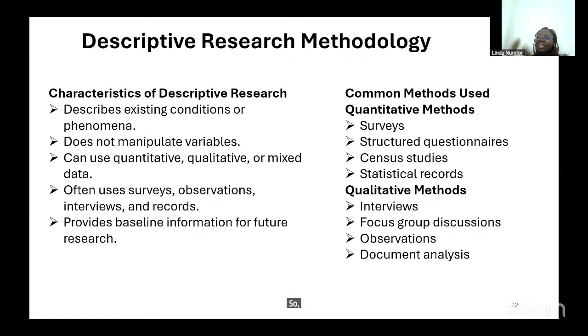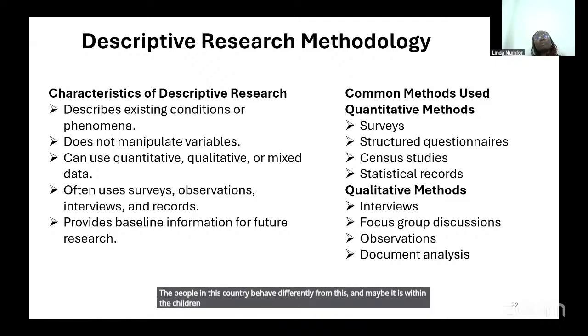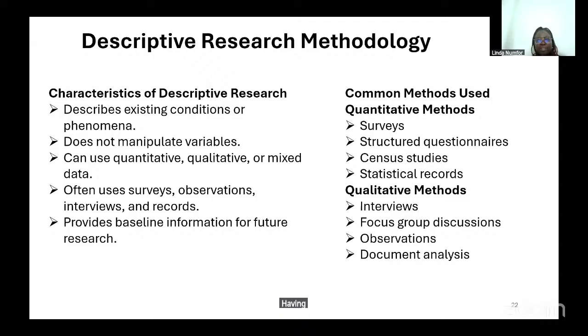You're analyzing the numbers between two groups that are involved in your research. And you've observed that the people in this country behave differently from this, and maybe it is within the children, the female or the male. So you now have different data that you can analyze. It provides baseline information for your future research.